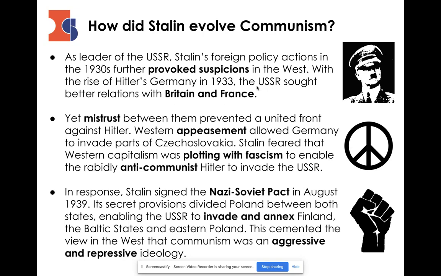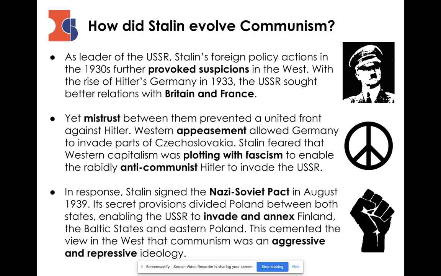Now, the rise of Hitler in 1933, if you've studied GCSE, you will know he posed a direct threat to both the West and the USSR. Hitler was very anti-communist. But Britain, France, and the Soviet Union couldn't form an alliance because they distrusted each other so much. So unfortunately, Hitler was allowed to expand within Europe.